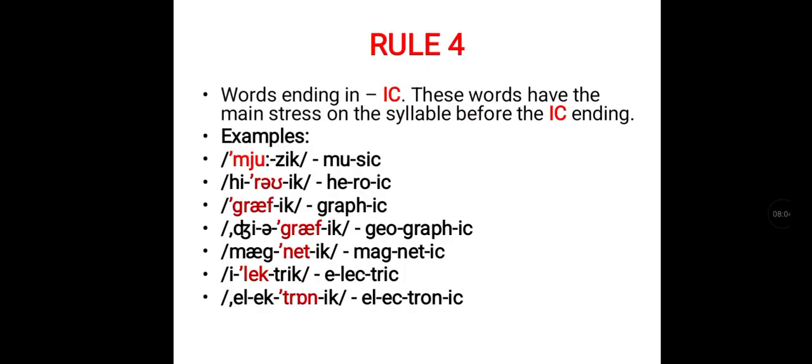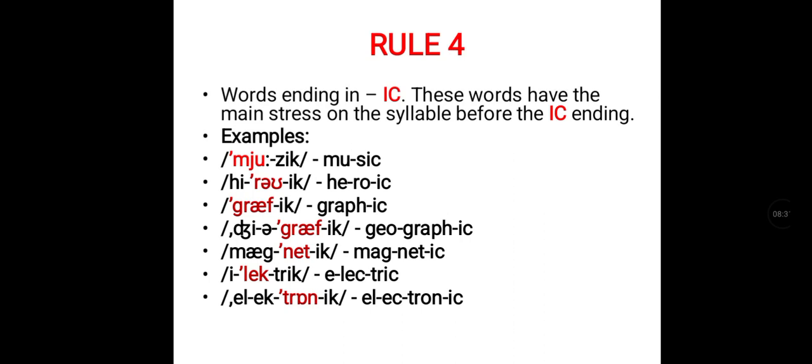Rule number 4. Words ending in IC. These words have the main stress on the syllable before the IC ending. Examples are music, you can see the stress is on the first syllable. We have heroic, the stress is on the second syllable. We have graphic, the first syllable.